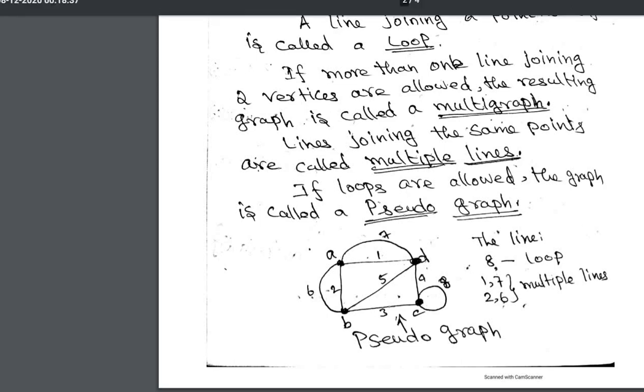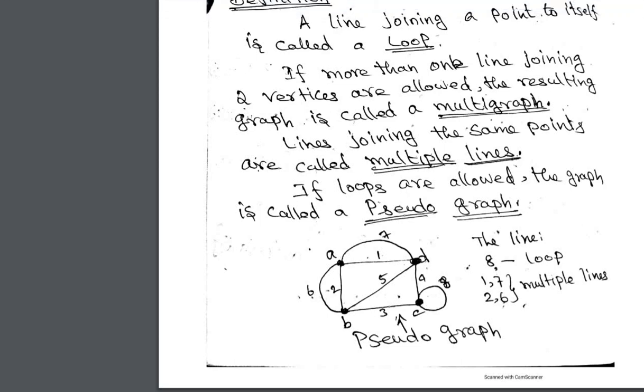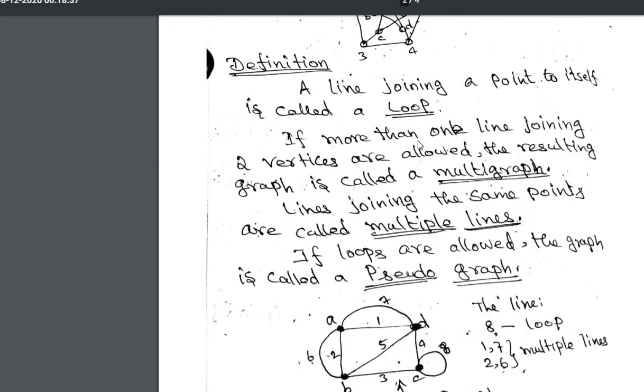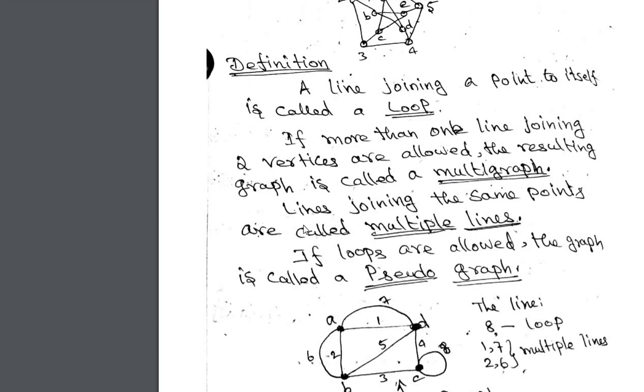So what have we studied here? Loop, multigraph, multiple lines, pseudograph. A line joining a point to itself is called a loop, and lines joining the same points are called multiple lines.